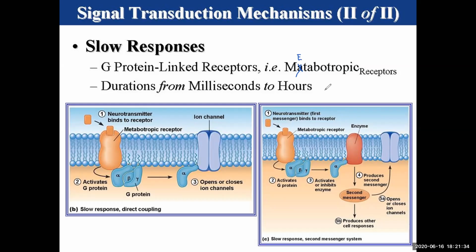Metabotropic. In other words, the G protein receptors do not have a pore. They are not ion channels. So here is your metabotropic receptor. This is the receptor, and the receptor is associated with another protein.